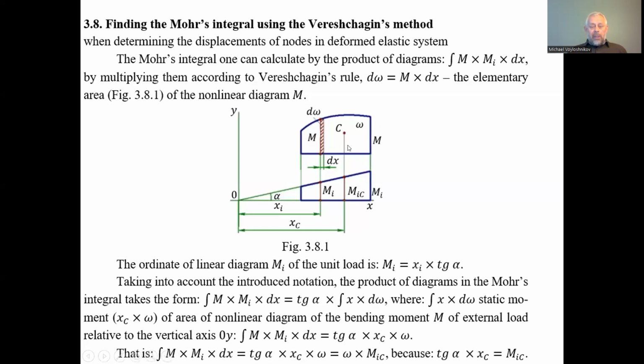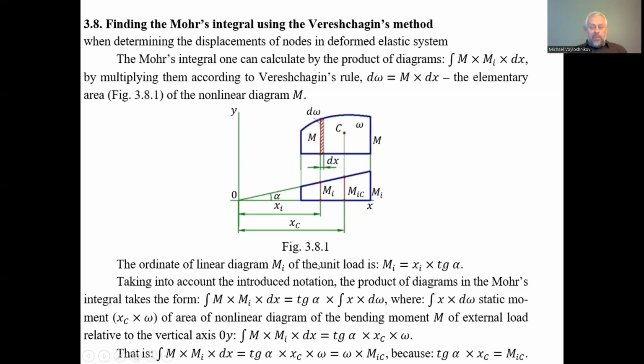So in the projection connection with the other diagram for the same element of the mechanical system, the diagram of bending moment on the same element at the action of the unit effort, we have to find the magnitude, the diagram ordinate, in correspondence in the projection connection with the location of the center of area of this curvilinear diagram of the same element experiencing the external load, not the unit force.